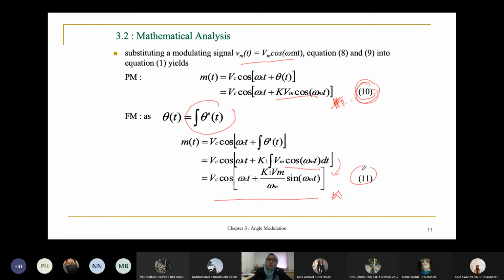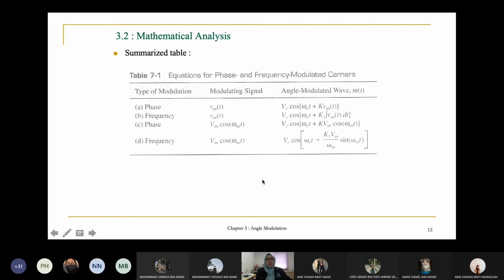So these two equations you need to remember. This is for PM, this is for FM. This table is the summary of the previous slide. It is the summary of the equations you will use for this chapter. For phase modulation, it is Vc cos(ωct + k·vm(t)). For frequency modulation, it is Vc cos(ωct + k1∫vm(t)dt).